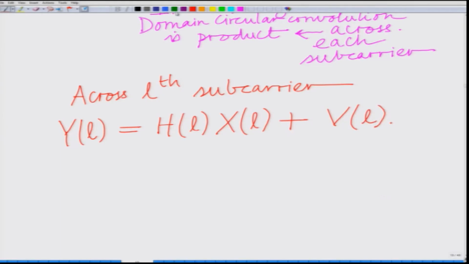This is the most important result, where YL is the output symbol across subcarrier L.